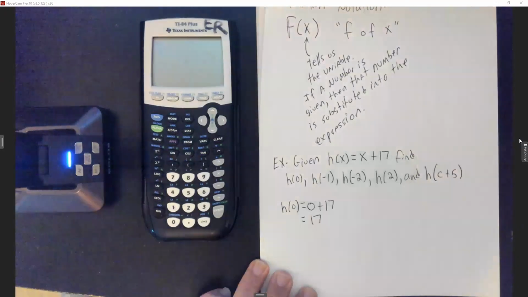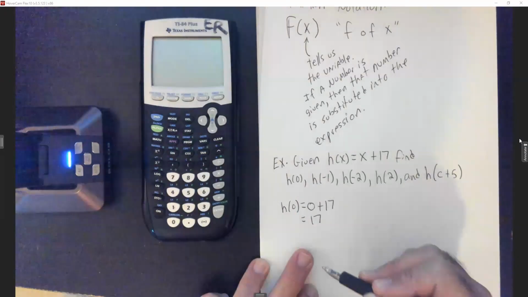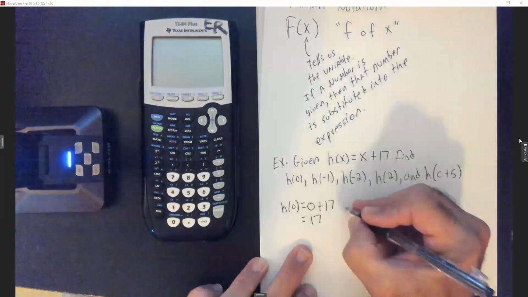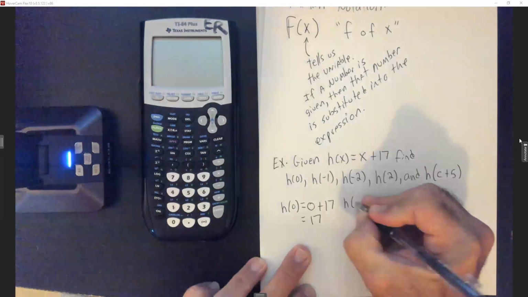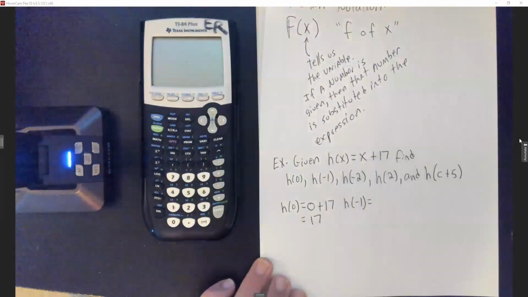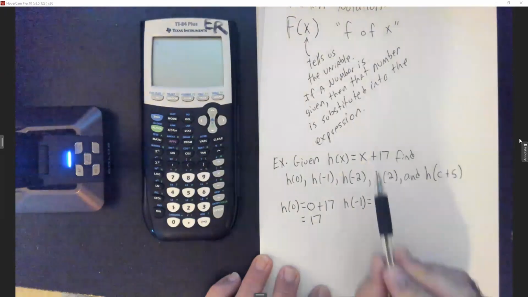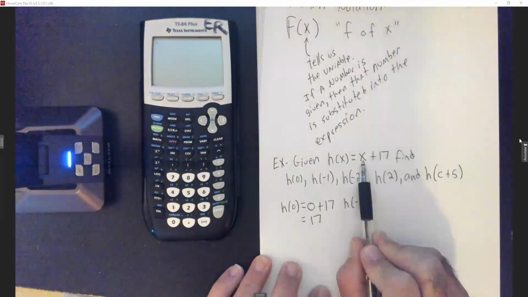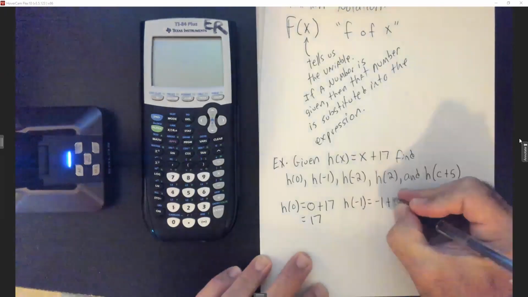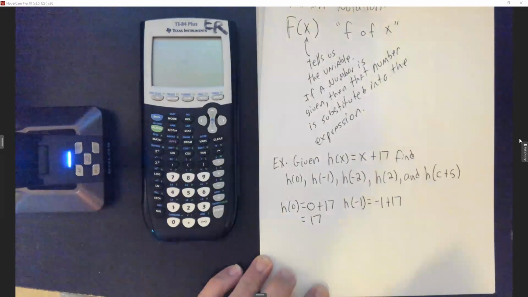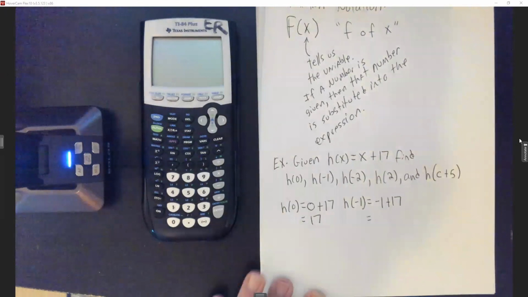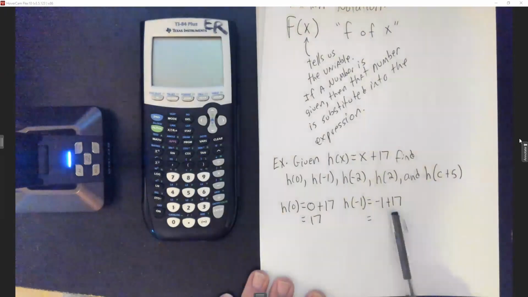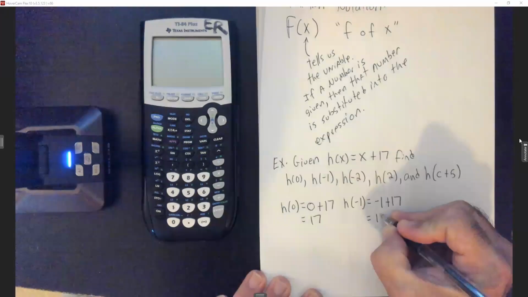So h of 0 equals 17, and then we would work our h of -1 next. So h of -1 wants me to take this equation and put that -1 in for the x, so I get -1 plus 17. We got unlike signs, so I'm going to subtract and take the sign of the larger number. So 17 minus 1 is 16. Larger number is positive, so that'll be a positive 16.